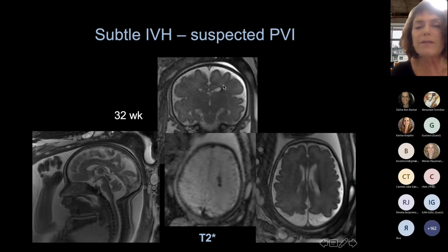And you see this very thin, hypointense T2 signal lining the slightly dilated ventricle. And it really shines out on the T2 star weighted. You may imagine a little bit of thinning of the posterior part of the corpus callosum. And these are really very mild abnormalities. I presume these are the cases that may later appear as hemiplegia or very minimal abnormalities.